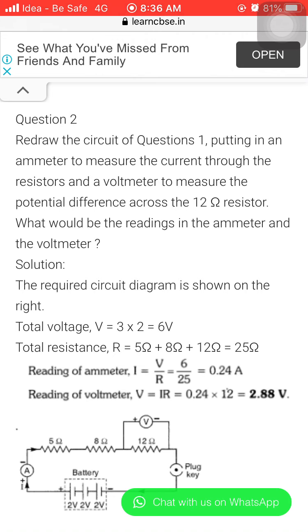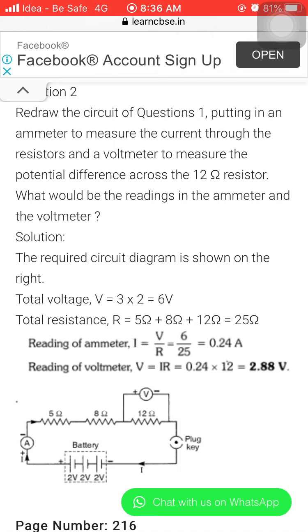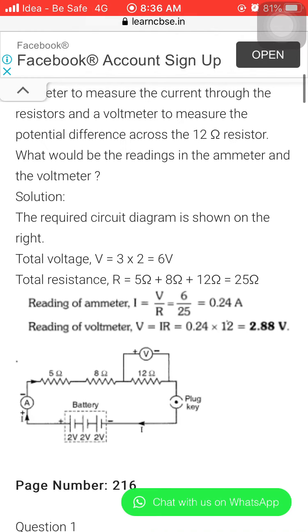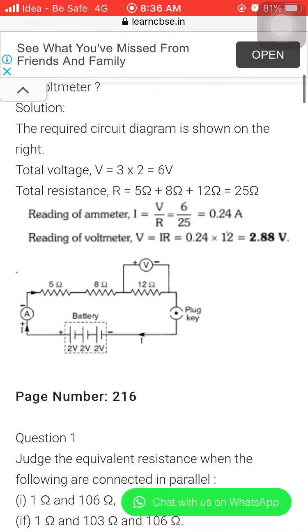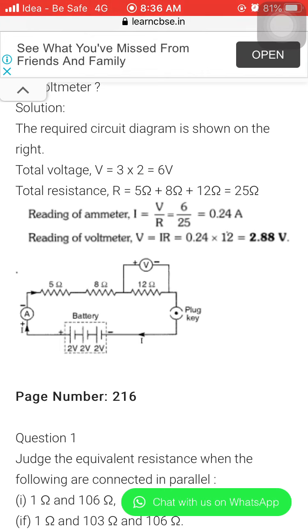So now you have to redraw that circuit and add an ammeter and a voltmeter to measure the potential difference across the 12 ohm resistor. You have to draw it in the same way. Here an ammeter is added, which is also in series, and this voltmeter will be in parallel to this 12 ohm resistor.